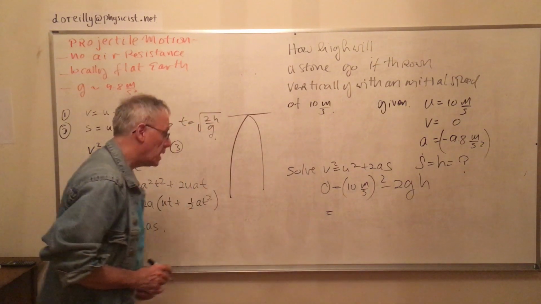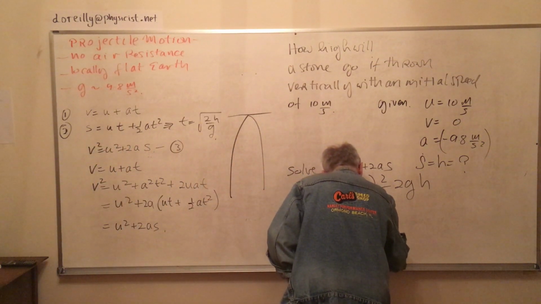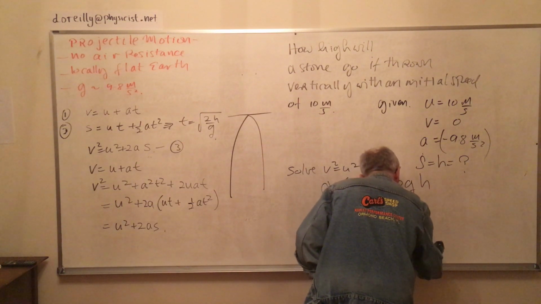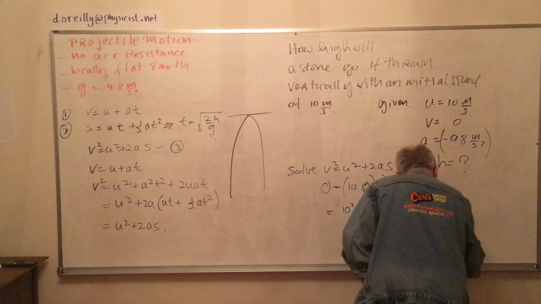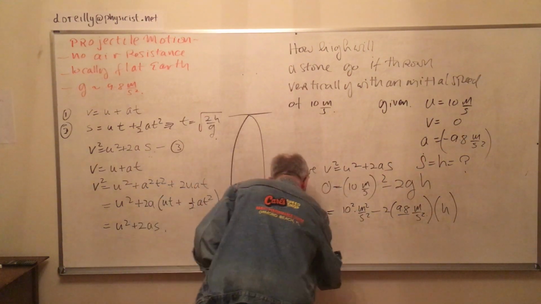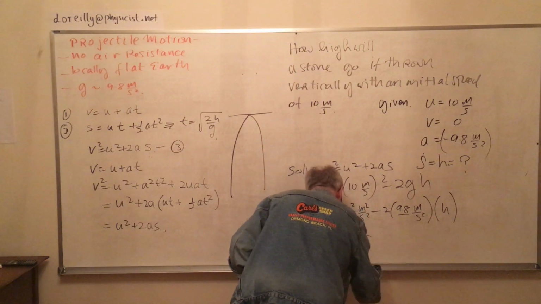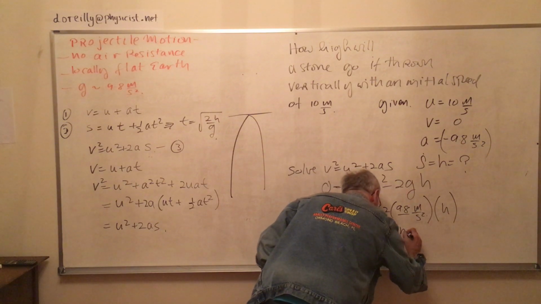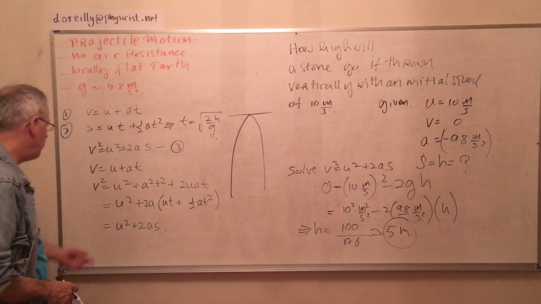So we go 10 meters per second squared minus 2gh, and we need to find h. Two times 9.8 is 19.6. And we found that it's approximately 5 meters. Okay? So that's just an idea of how this one works.